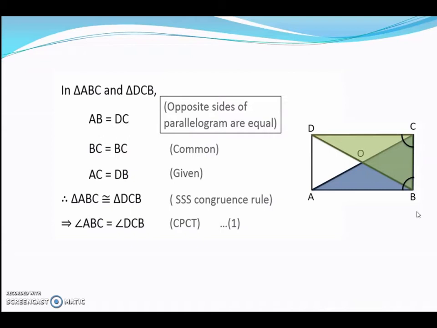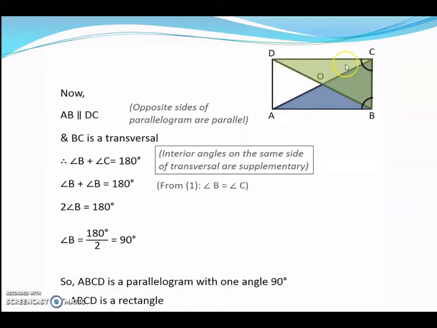So by SSS congruency, we can say that these two triangles, ABC and DCB, are congruent. So by CPCT, we can say that angle ABC and angle DCB are equal to each other. AB and DC are parallel, since opposite sides of a parallelogram are parallel.